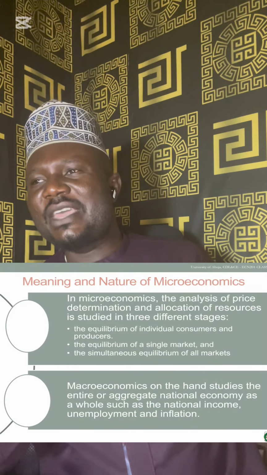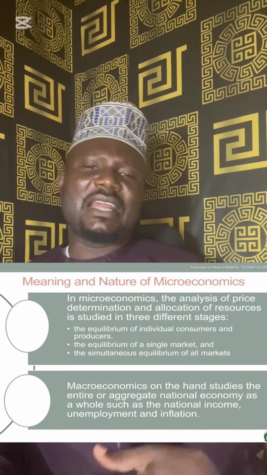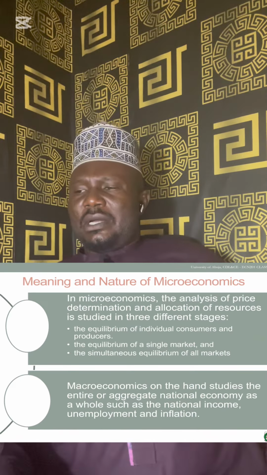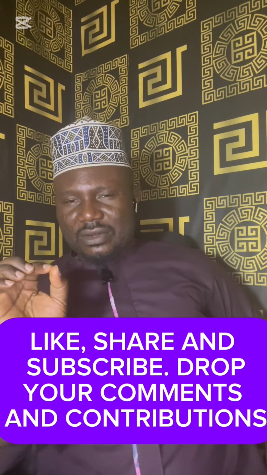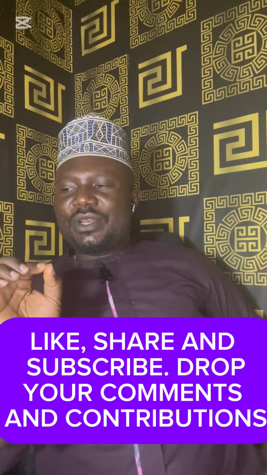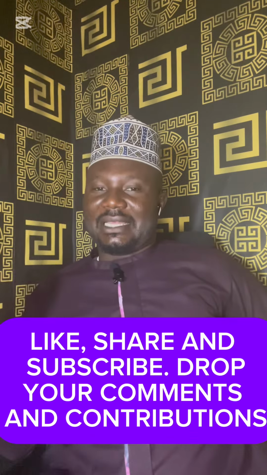So, in microeconomics, the analysis of price determination and allocation of resources is usually studied in three different stages: the equilibrium of individual consumers and producers, the equilibrium of a single market, and the simultaneous equilibrium of all markets.